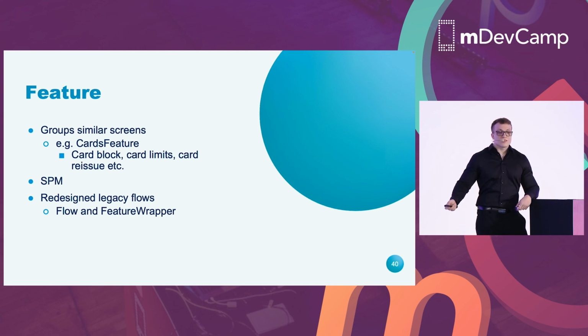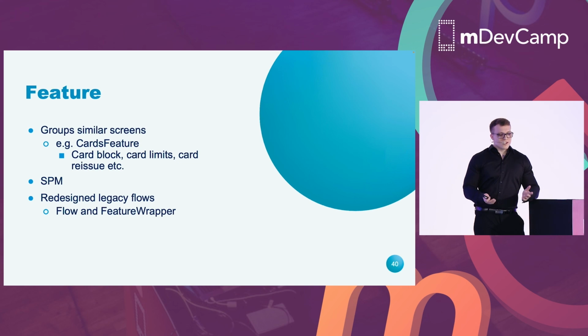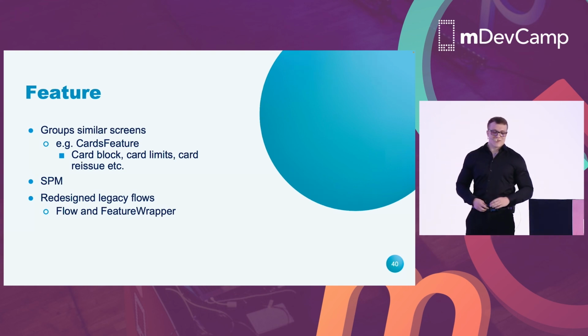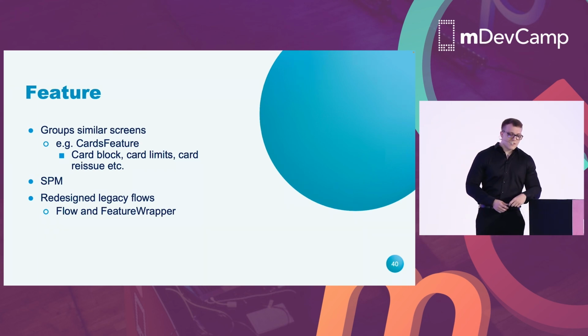Also, as I mentioned, these kits are linked by feature. A feature, again, groups similar screens. For example, the cards feature has card block, changing of card limits, changing card address, ordering a new card.